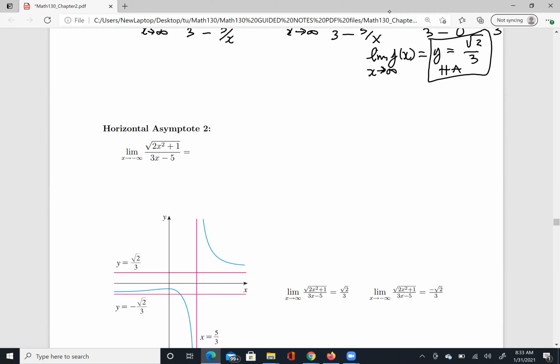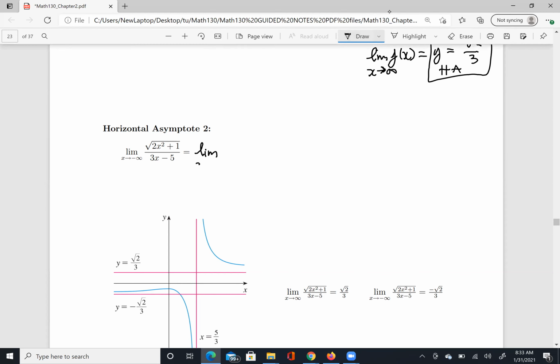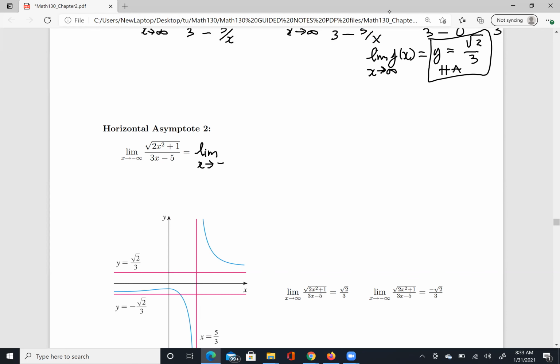Similarly, you're going to have the limit of x when x goes to negative infinity.